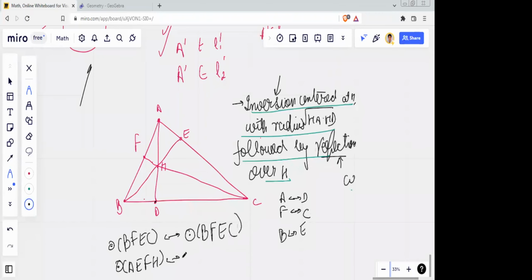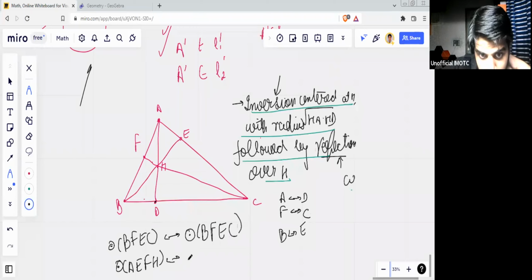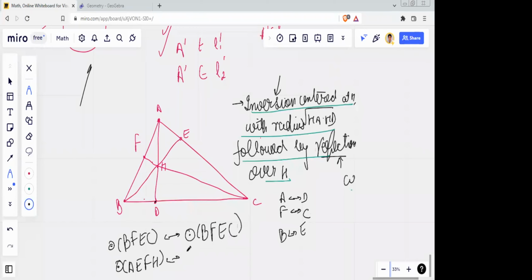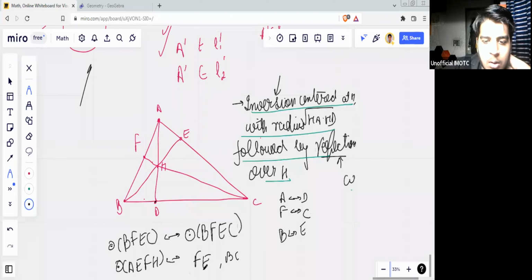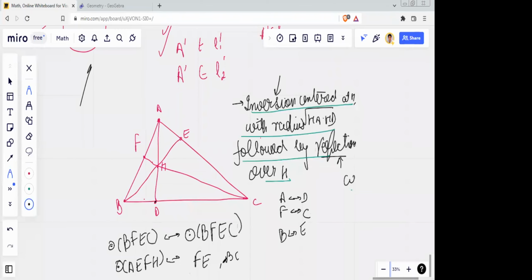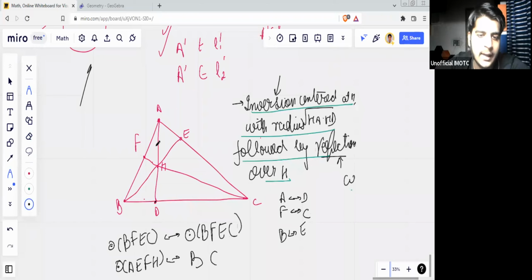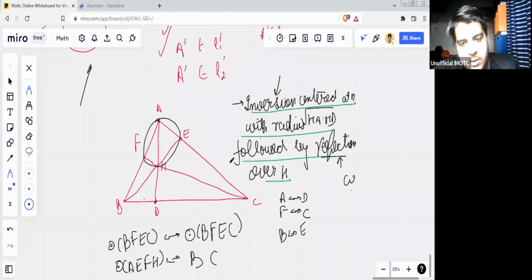It goes to a line. Someone says FE, someone says BC. Sorry, it will be BC. Everybody sees this, right? Because it's a circle passing through the center of inversion, so it should be a line only. And since it's a line after inversion, after reflection also it will be a line. So F goes to C, E goes to B, A goes to D. So it's line BC.